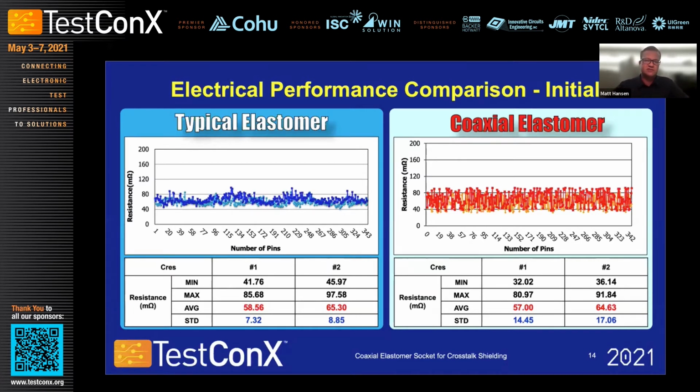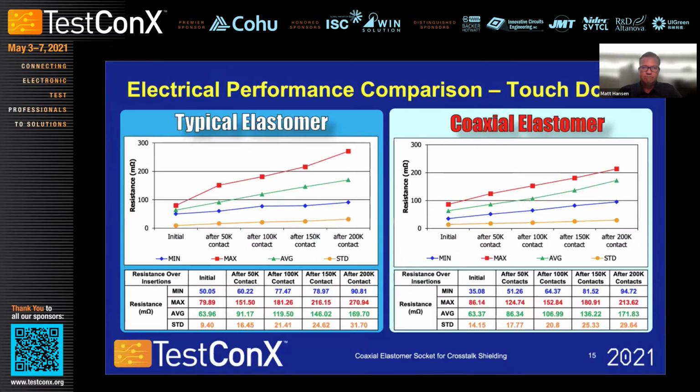The average resistance is lower, but there's a slightly bigger spread or standard deviation between the two. Here's a comparison of all the socket types, resistance values plotted over touchdowns. Up to 200,000 contacts, mostly stable.